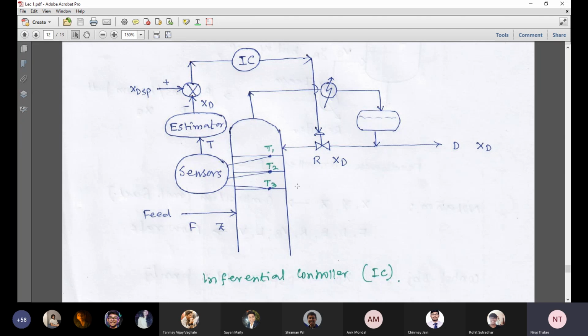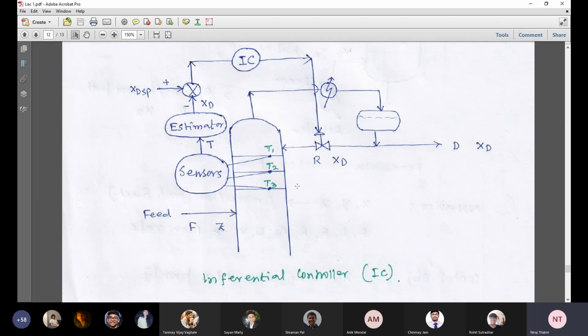You can note down these two points. It means if you equip a temperature measuring sensor, for example, a thermocouple is much cheaper compared to the gas chromatograph, GC, which we use online for composition measurement.